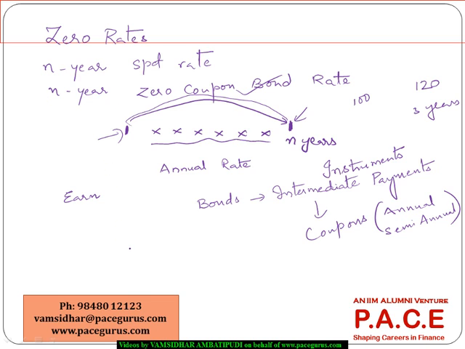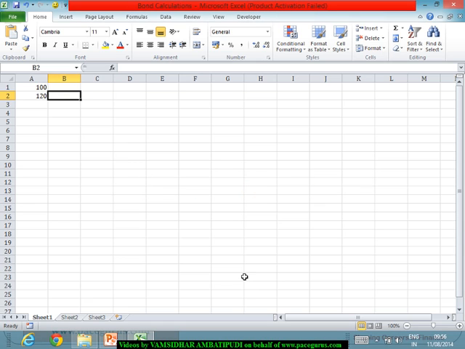The easier way is writing 120 equal to 100 times e to the power of 3r.